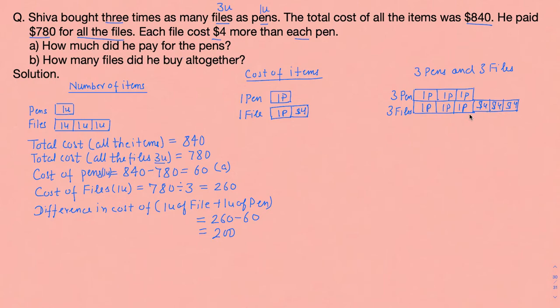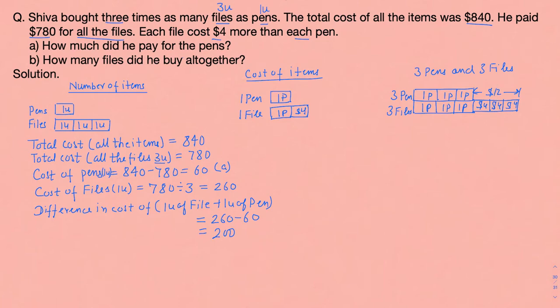So for three files, $4 times 3 will be $12. That means the difference in the cost of the files and the pens is $12. The difference in the cost of all the 3 files and 3 pens is $12, right?